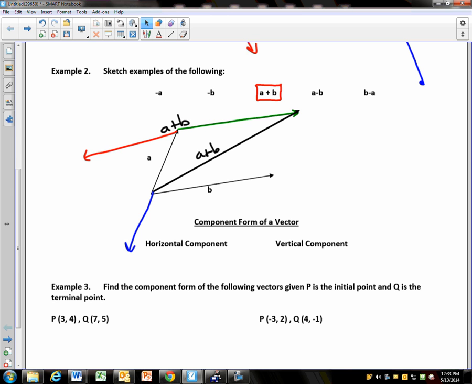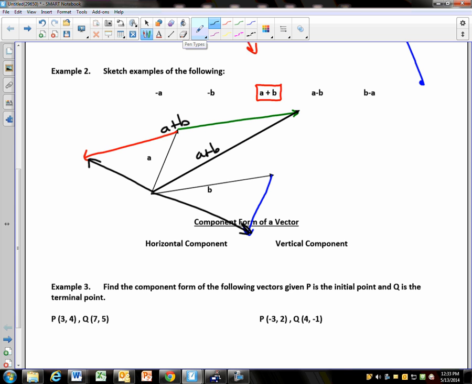I'm sorry, if I want to do B minus A, I would start with B, and at the end of B I would draw negative A.